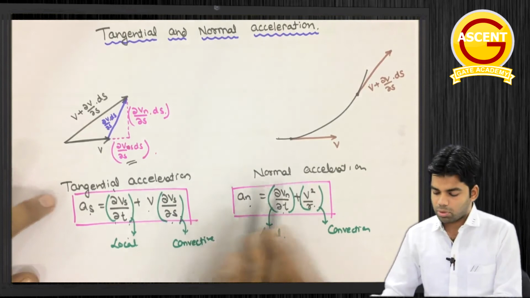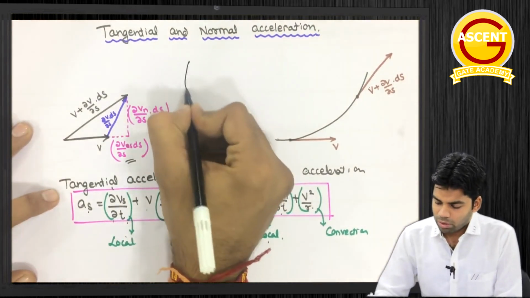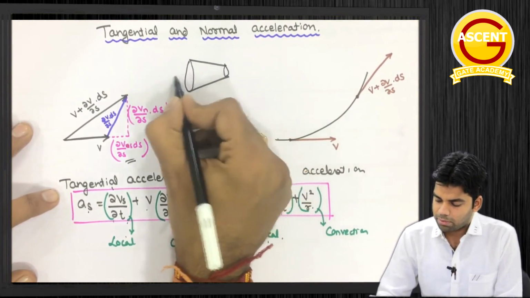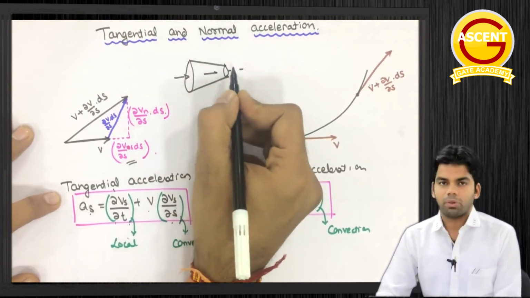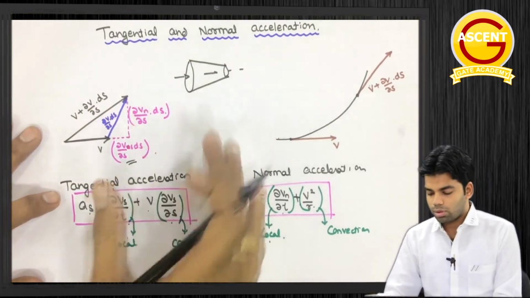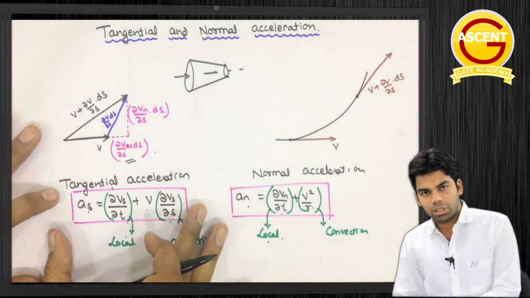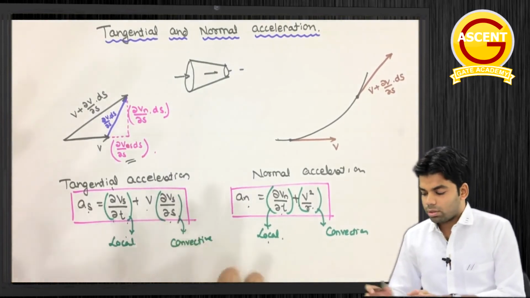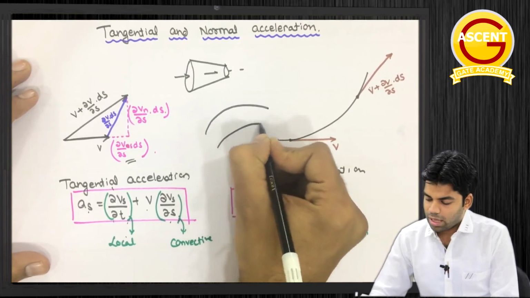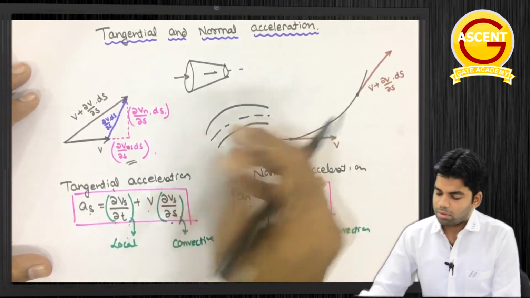For example, how will the magnitude of the velocity change? Suppose the flow is through this type of pipe, the tapered pipe. Here the direction is not changing, only the magnitude is changing. So here we will have only the tangential acceleration component. Now if only the direction is changing, and the magnitude is not changing, suppose we have a constant diameter pipe, but curved like this.